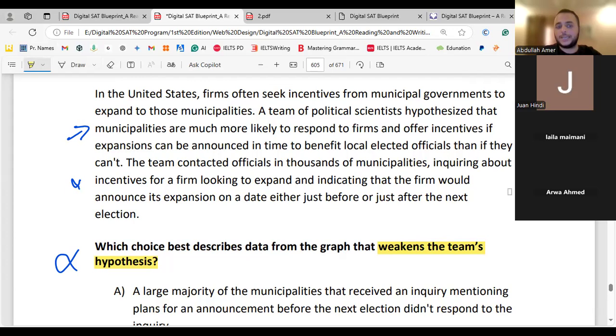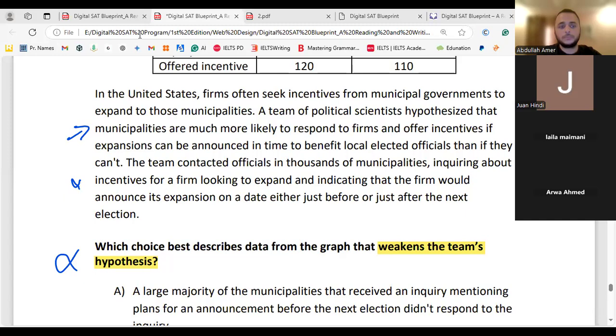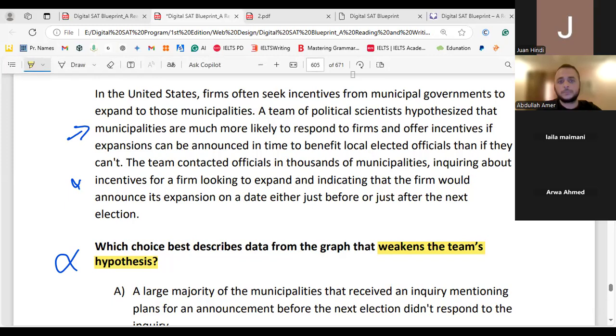Now, my first step is to find the claim. Now, I'll give you 10 seconds. Try to find the claim, please. Okay, go on, please.